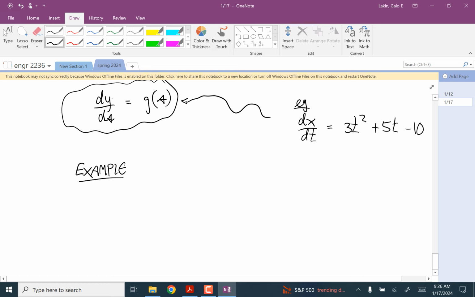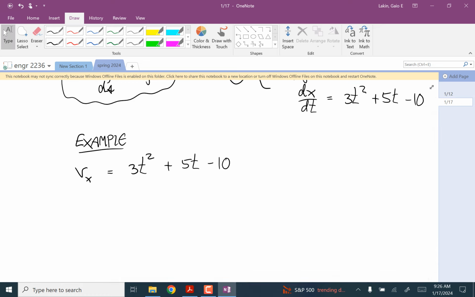So let's say that what we know is that the x component of the velocity is, I'll use what I just did, 3t squared plus 5t minus 10, okay? And let's say that at time equals 0, x is equal to 3.